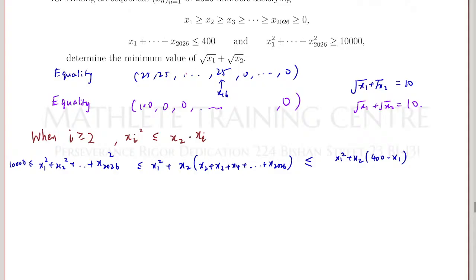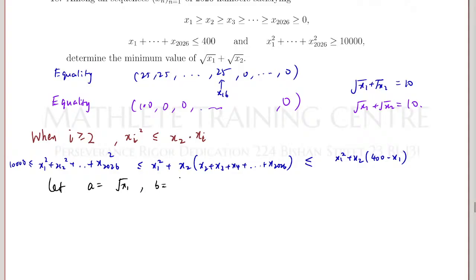But again, there's still two equality cases, right? So how do you figure out that this will not have anything smaller, for example? You can ask this question: what happens if the square root of x1 plus the square root of x2 is less than 10? Okay, so what we can do is this. We can let variable a be equal to the square root of x1.